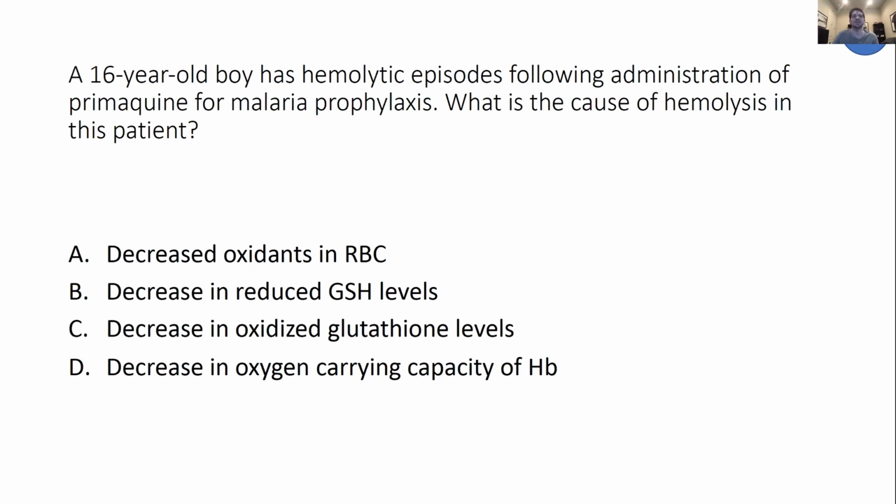And what does this guy have? Y'all can talk. Right, G6PD deficiency. So one of the things about G6PD deficiency, it's usually after some sort of infection or some sort of medication, there's stress on the body. And with this stress, you have decreased glutathione levels, right?